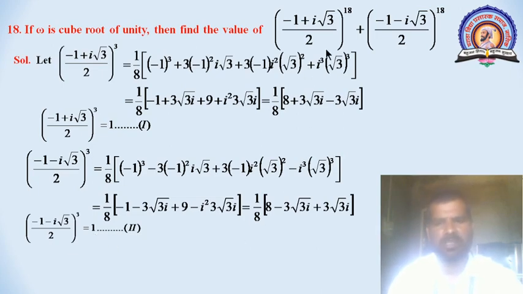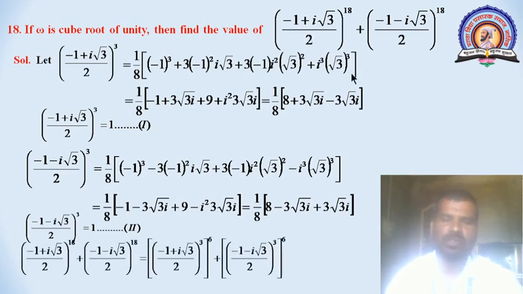Now considering this expression, minus 1 plus I root 3 upon 2 raised to 18 plus minus 1 minus I root 3 upon 2 raised to 18. This raised to 18 can be split as cube raised to 6, 6 3s are 18. So while cube raised to 6, because we have already found the value of minus 1 plus I root 3 upon 2 bracket cube is 1.